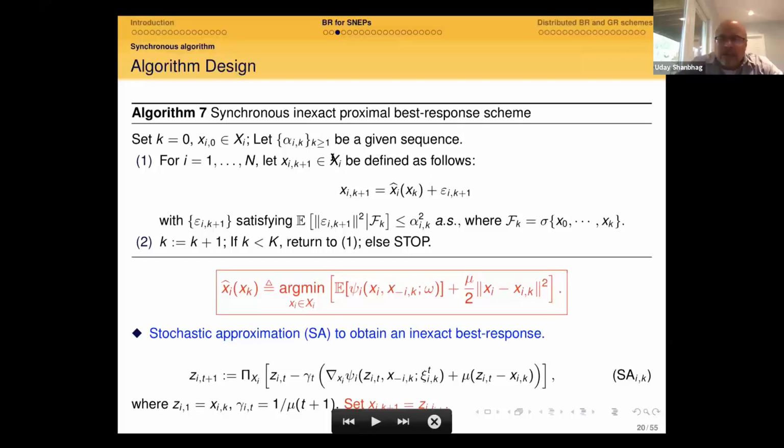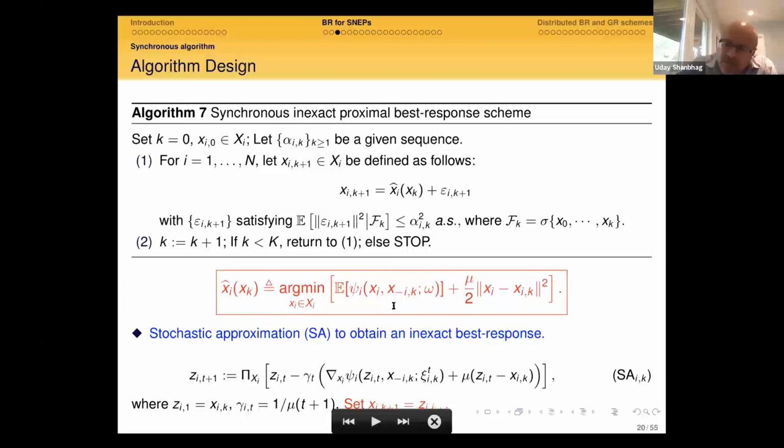That's the outer scheme, and you can analyze it without any consideration of how you compute such a best response, as long as you ensure that this epsilon ik plus 1 goes to 0 at a suitable rate. It's actually, in our case, a random variable, and you need some properties in terms of its conditional second moments. But as long as that holds, you can go ahead and prove convergence.